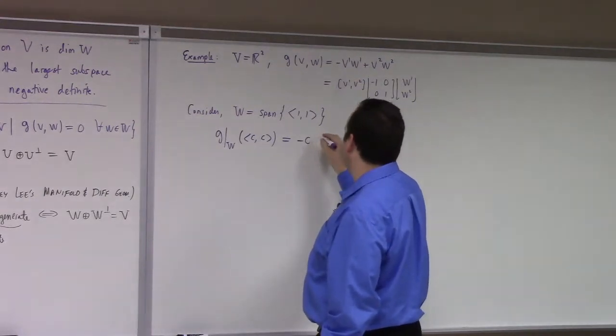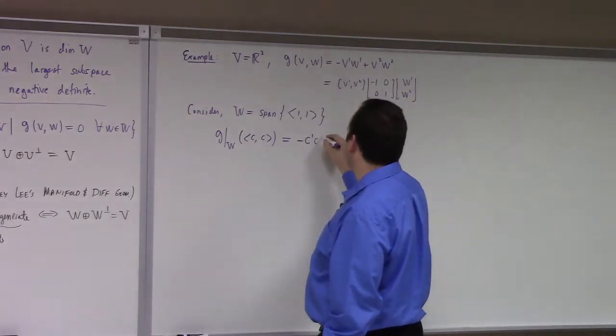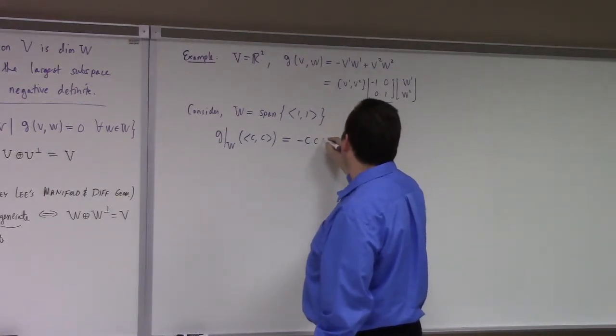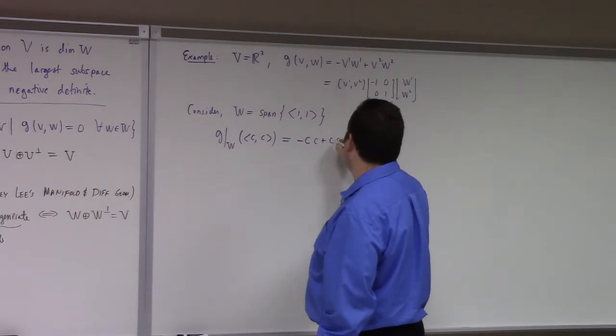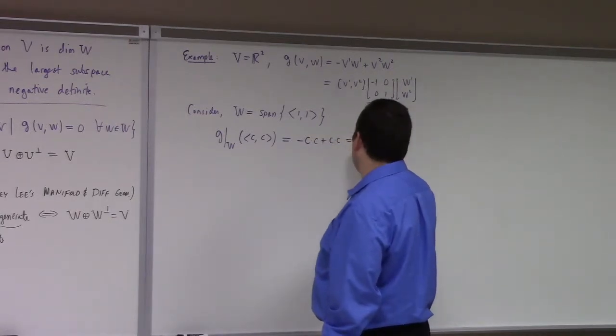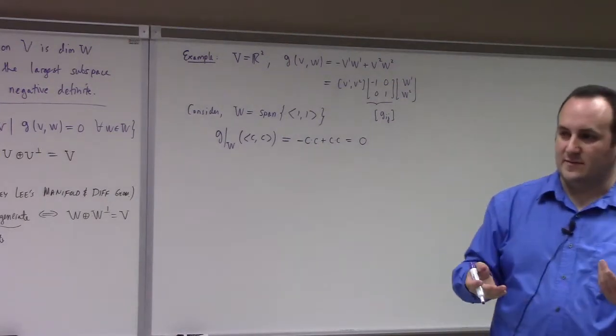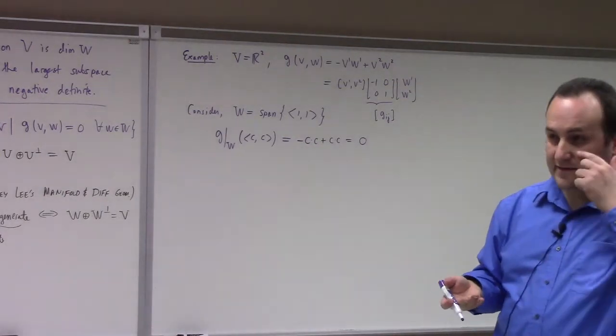Minus c times c, plus c times c, which is otherwise known as 0. So in fact, the metric is identically 0 on this subspace.